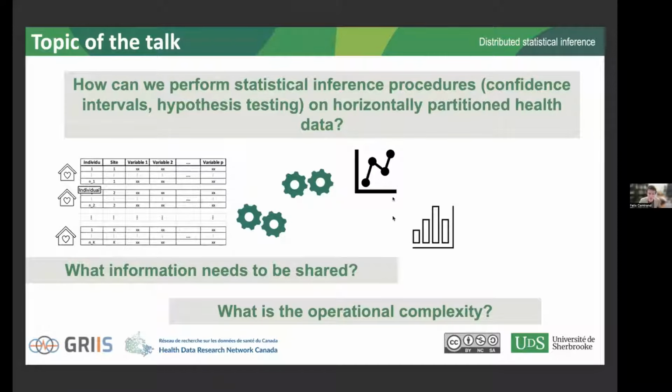So we will see that there are many methods that exist. They differ by the quantities that are shared, and they differ by the number of communication rounds that are made between the central server and the nodes. We'll be interested in comparing them on the information that needs to be shared in order to make the model parameter estimation.